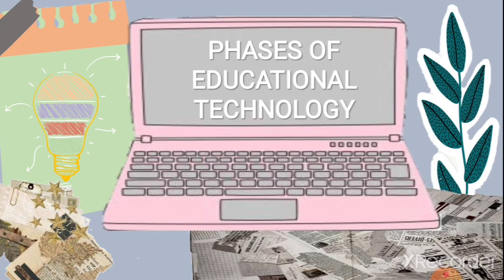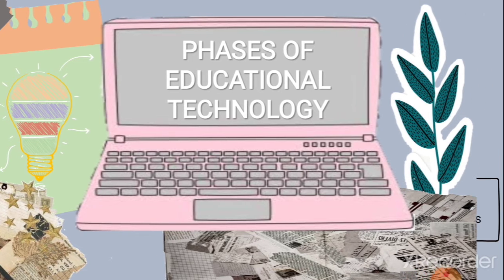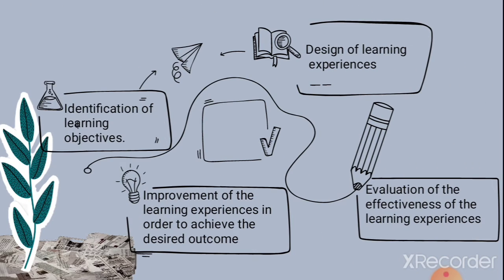And now let's proceed to the phases of educational technology. First is the identification of learning objectives. In integrating technology in the teaching learning process, it is important to remember that the prime or ultimate objective of educational technology is to optimize education.